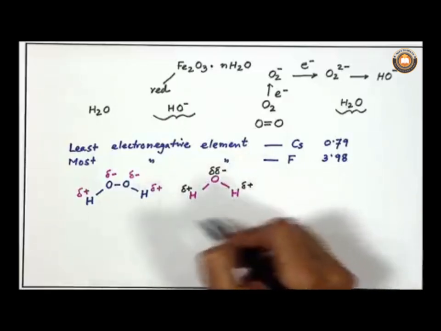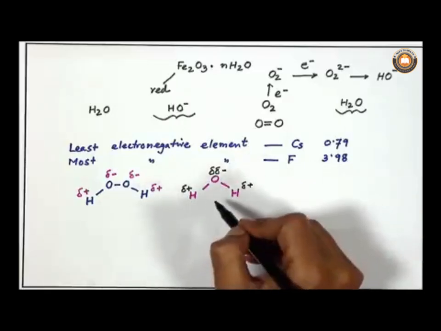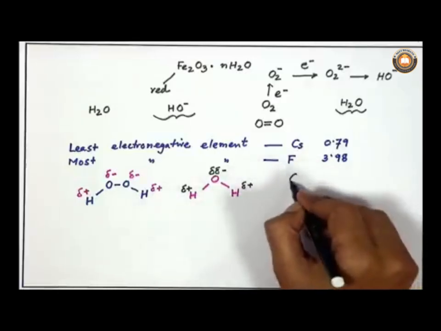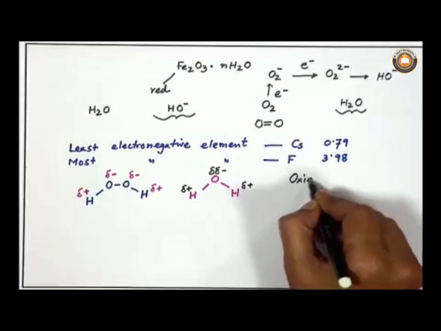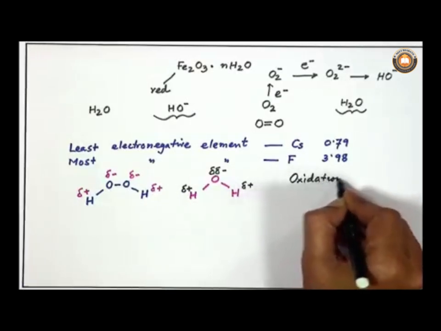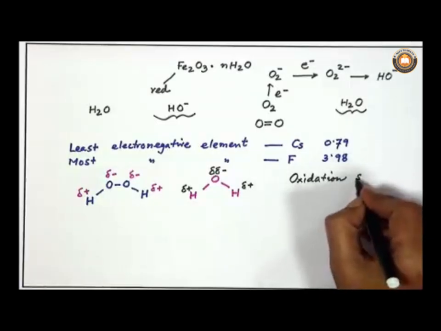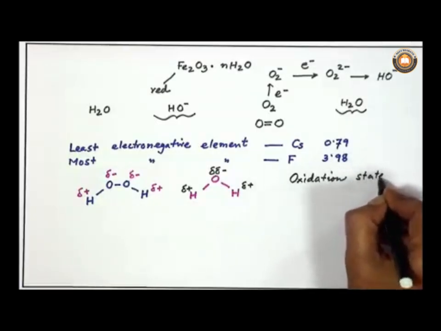But from this particular situation, due to the partial charge separation, we cannot talk in terms of the corresponding oxidation state. But here in this class, we are only interested in assigning the oxidation state of these elements.